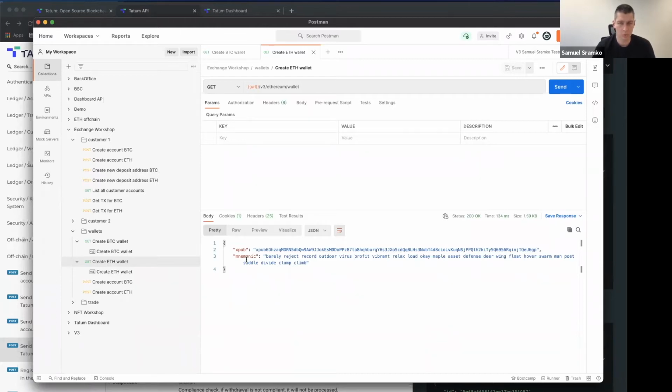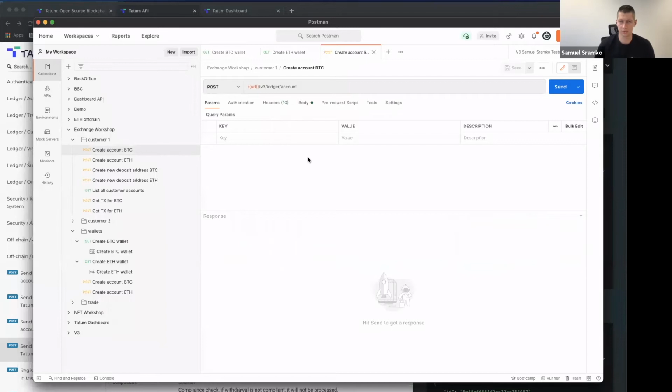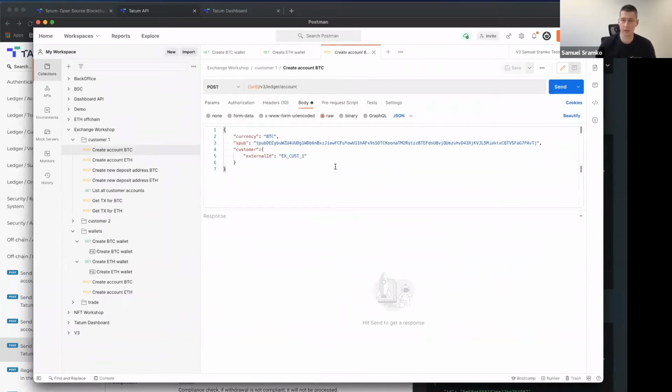So when the user signs up inside our wallet, we have to create an account for him. Every account is of a different currency. So first of all, we will support, as I said, Bitcoin and Ethereum. So we can create an account inside Tatum Ledger for Bitcoin and an account inside Tatum Ledger for Ethereum.